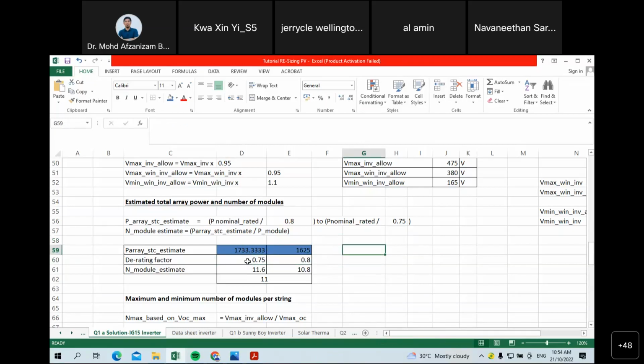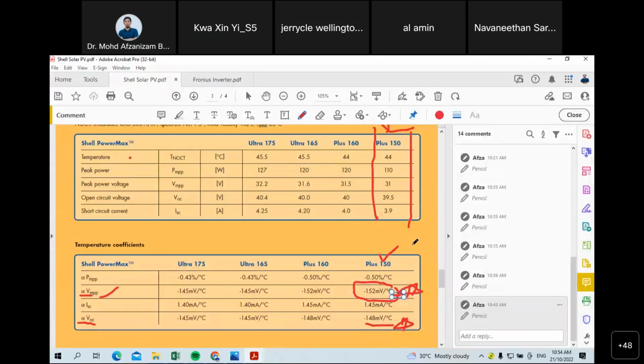And then after that, by using our selected PV, we estimate the number of modules. So then just go for 1733 divide by 150. Why 150? Because the PV module that we selected for the STC is 150.